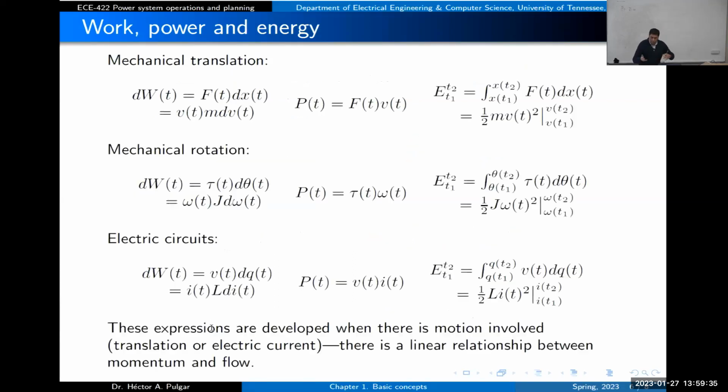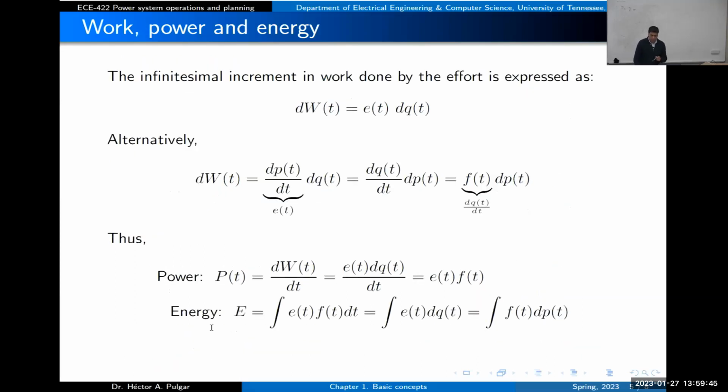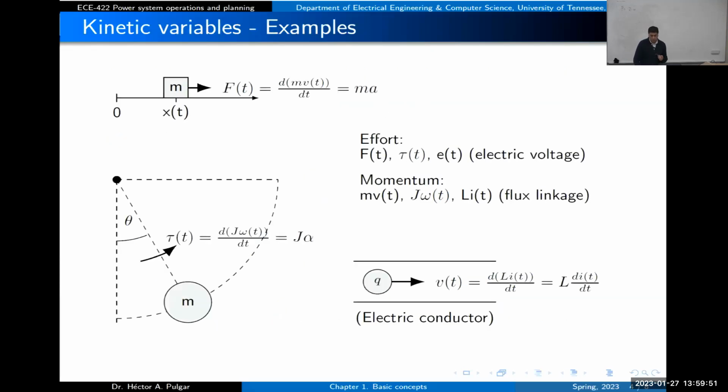So what is the fundamental variable for this equation when we use flow? What are we assuming here? Are you ready? Using charge. Momentum is proportional to the flow, right?